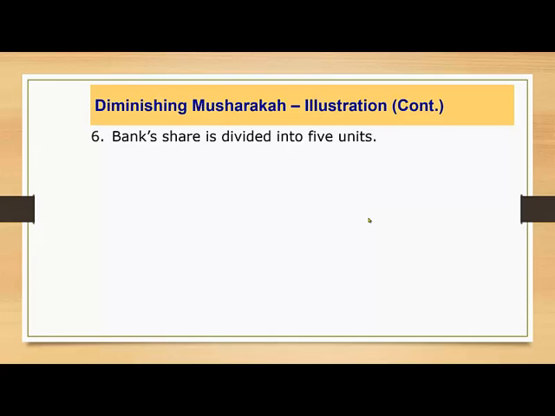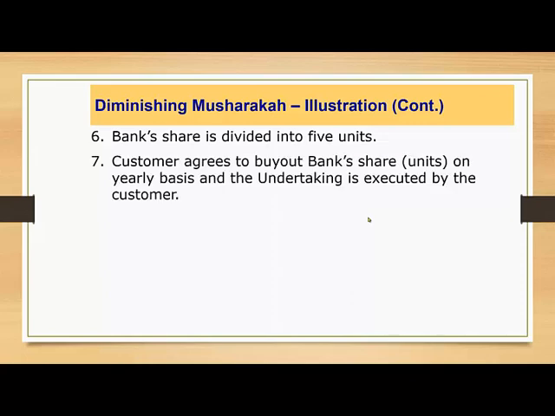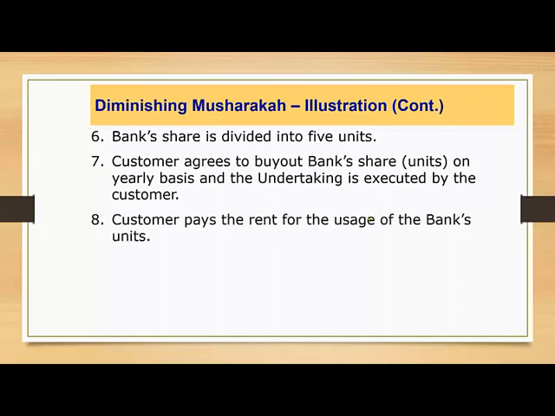So the bank share, obviously the 90% contribution of the bank, will be divided into 5 units because in this example the finance term is up to 5 years. And then the customer agrees to buy out the bank share or units on a yearly basis and the undertaking is executed by the customer.